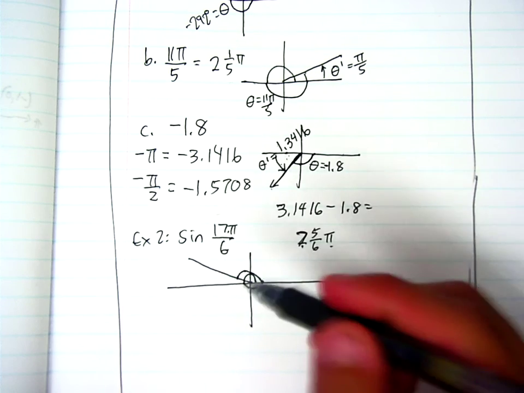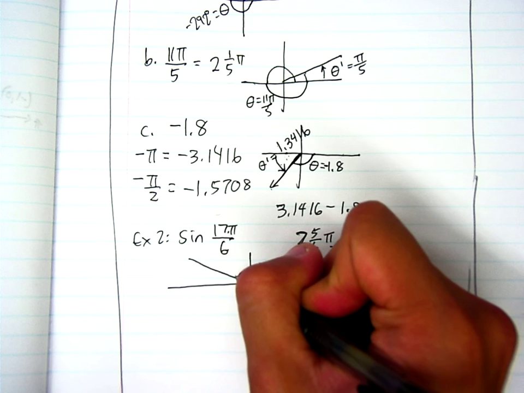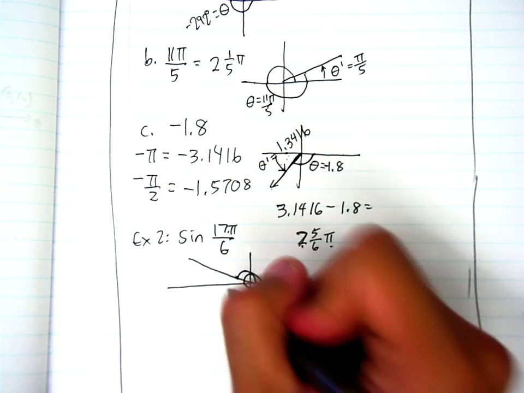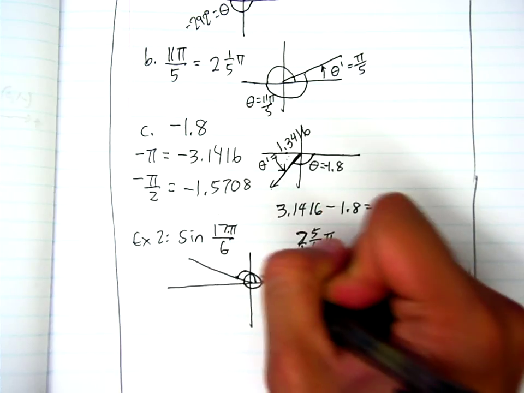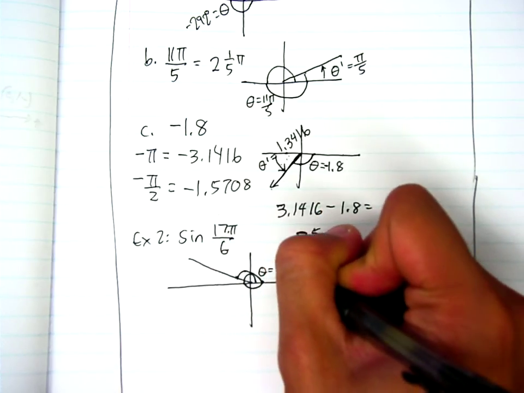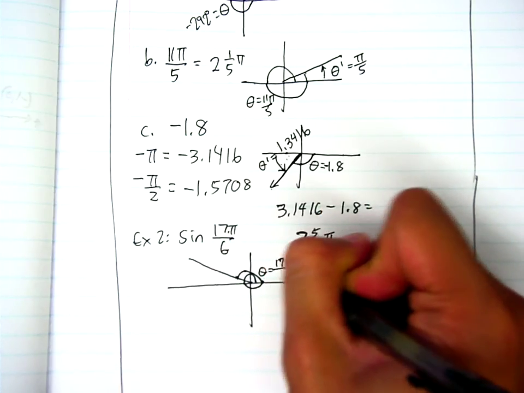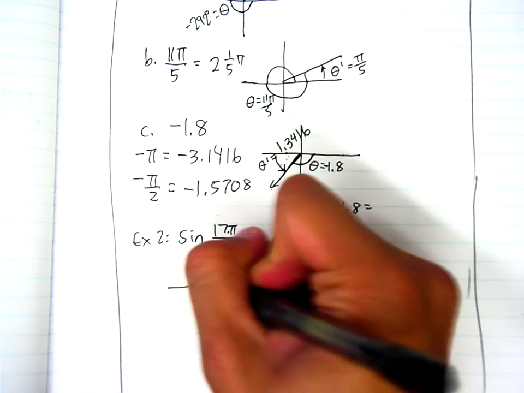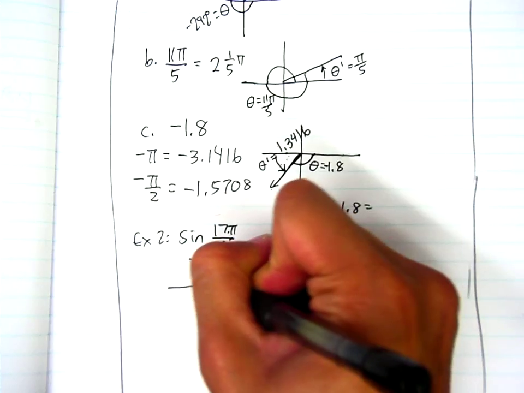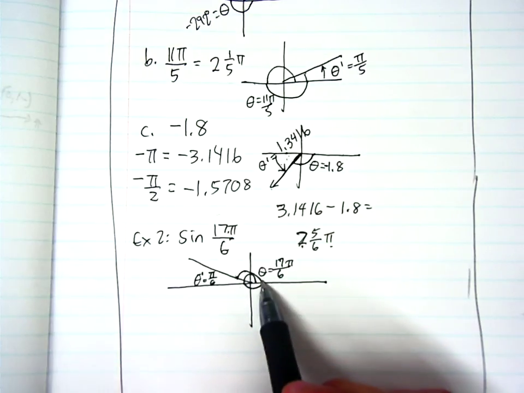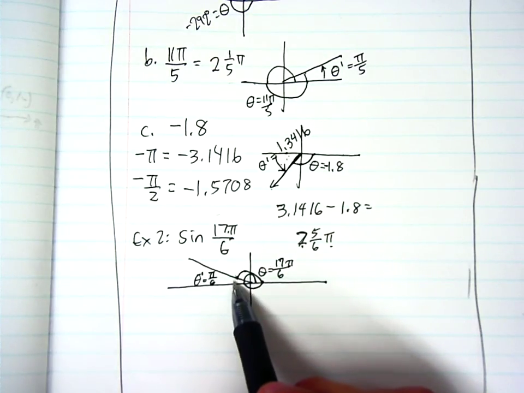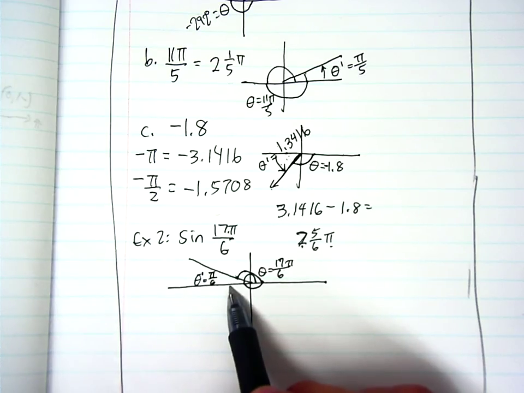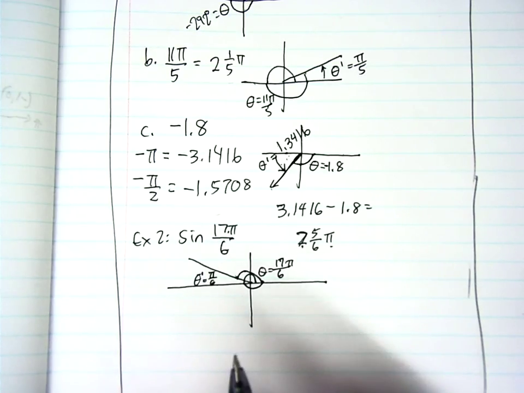If I went 5/6 more, my reference angle is pi over 6. So my theta is 17 pi over 6, and my theta prime would be pi over 6, because I went 5/6 pi, so I need to go 1/6 pi more to make the entire pi. Or you could do pi minus 5/6, which is also pi over 6.